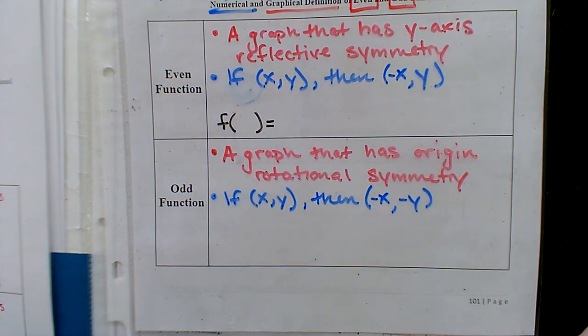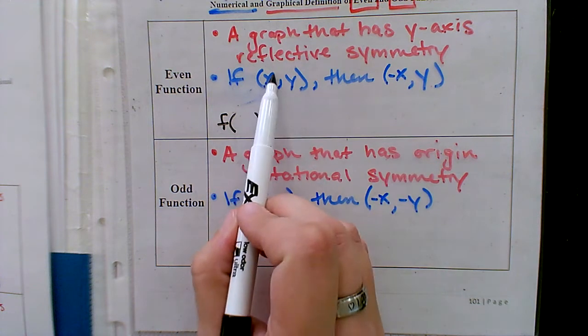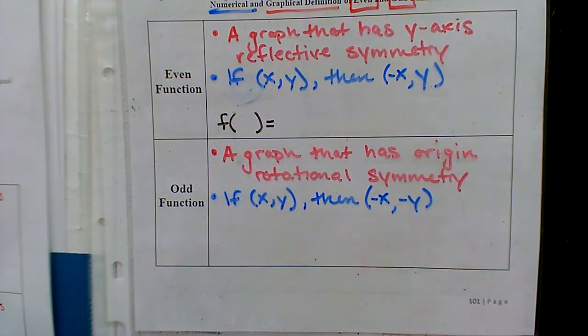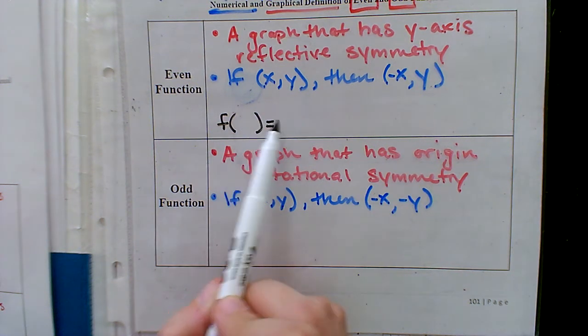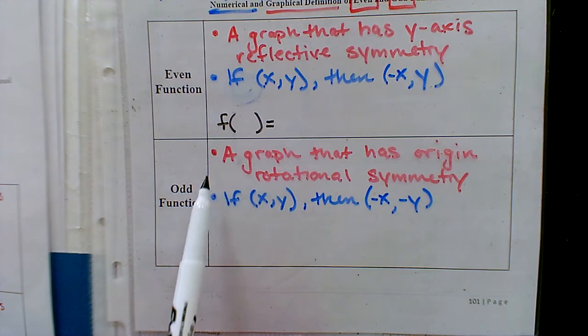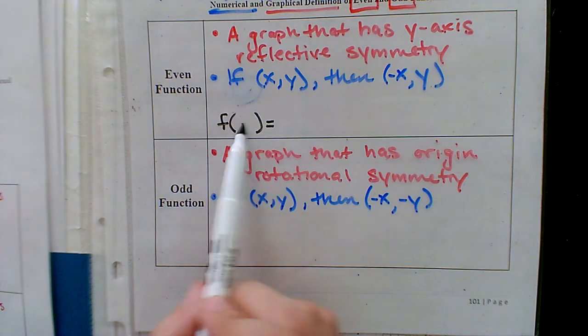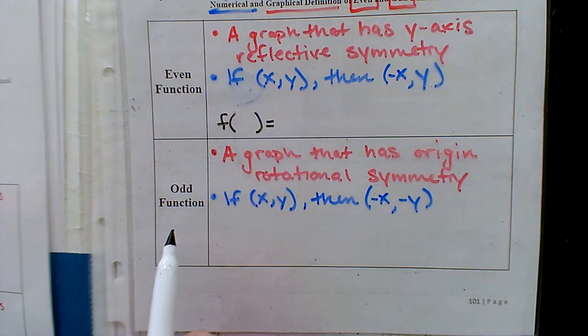Can we practice our function notation? Remember, an x value is representing an input and a y value is representing an output or an answer. So in function notation, which spot represents the input and which spot represents the output or answer?